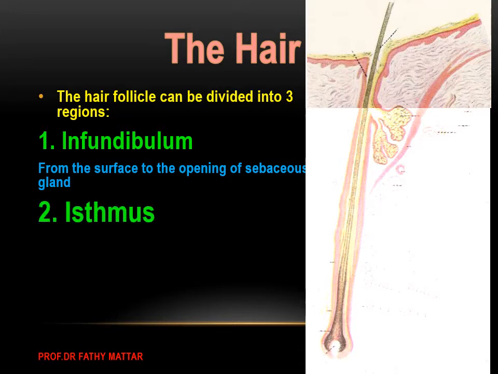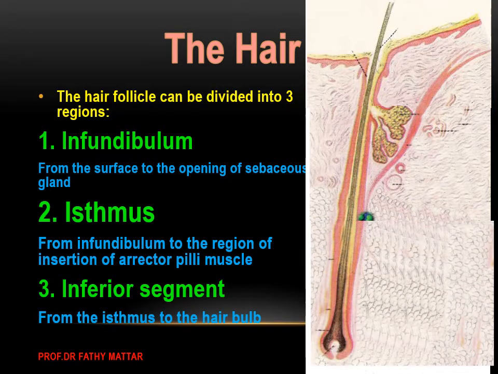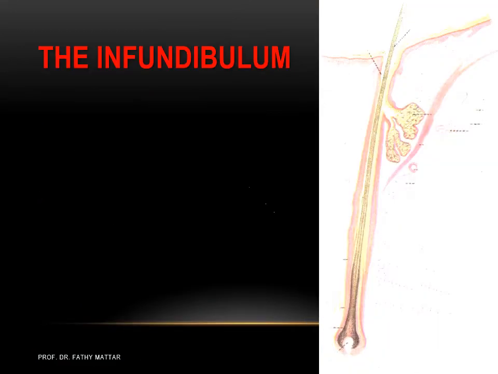The isthmus, which is from the end of the infundibulum to the region of insertion of erector pili muscles, and the inferior segment, which is from the isthmus down to the hair bulb.